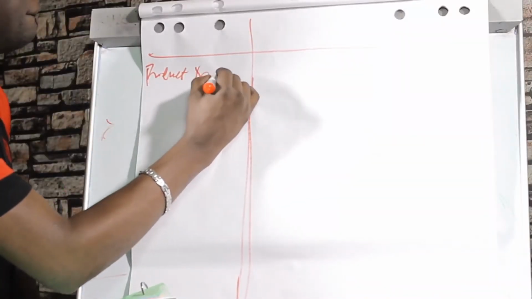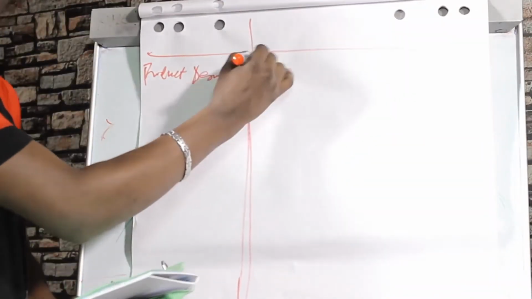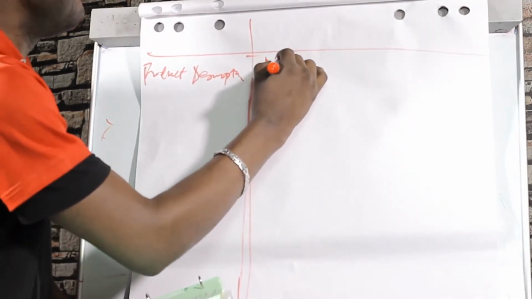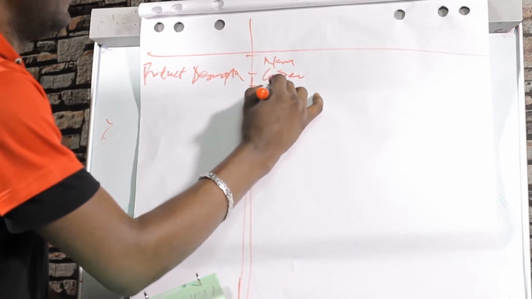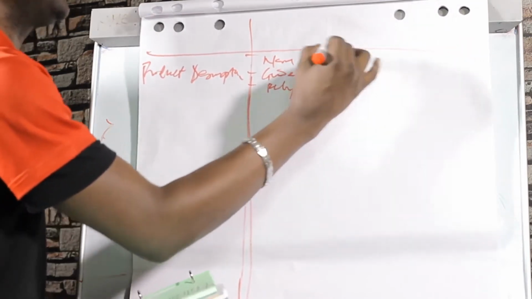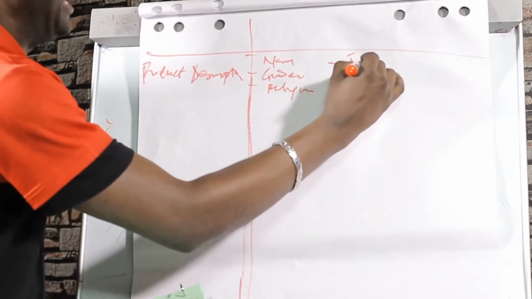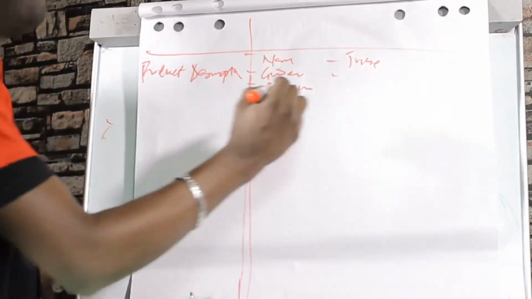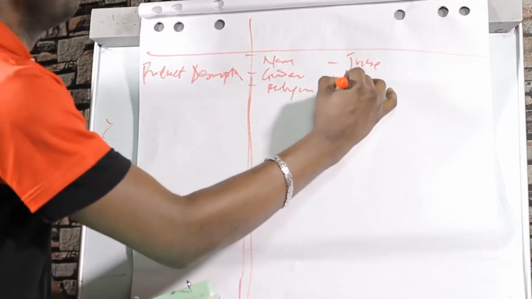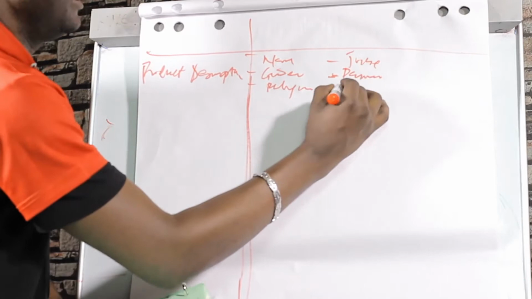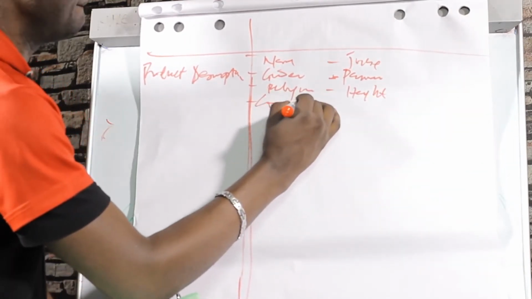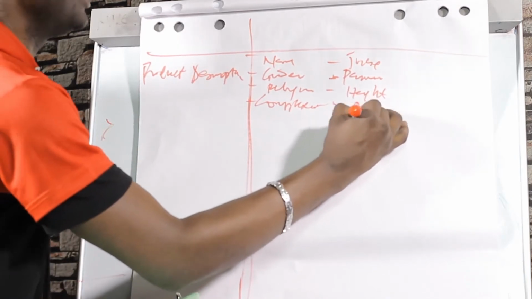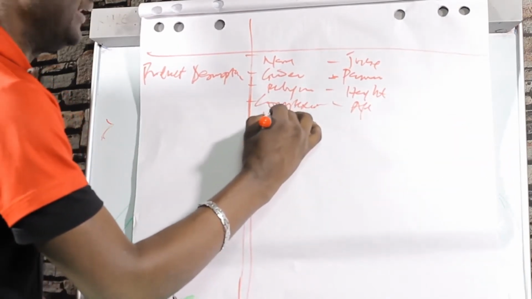Product description will include your name, your gender, maybe your religion if you want it. It could include your tribe if you don't mind, not compulsory. Your passion, your height, your complexion, your age, and maybe your nationality.